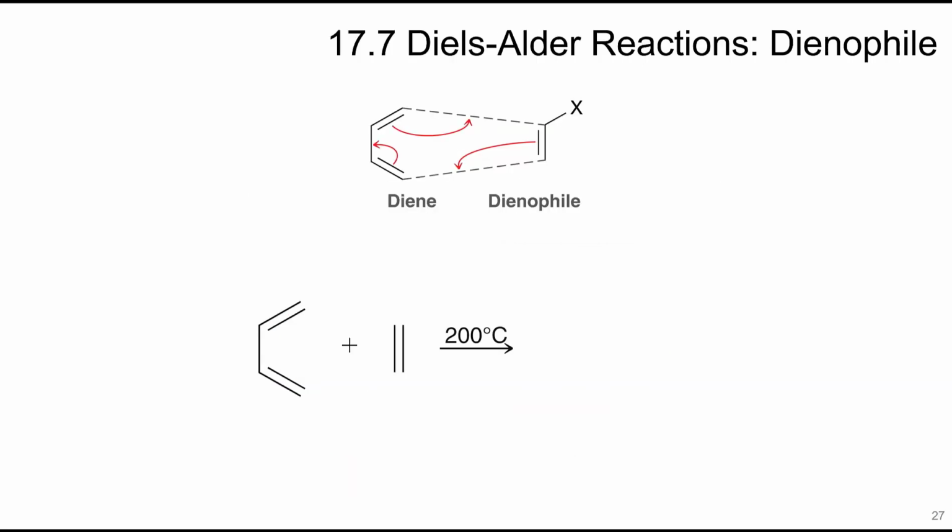This reaction involves the diene and the dienophile, or alkene. If you do this reaction at 200 degrees, this only happens in 20% yield. If the dienophile is not substituted with an electron withdrawing group, it is not favored. If you heat it up too much to try to get the reaction to occur, it will result in the retro Diels-Alder.